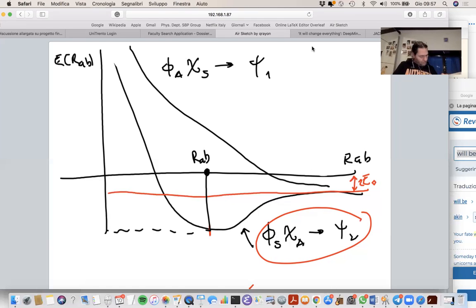Now, if I look at what the value is, I think it's 0.7 angstrom.